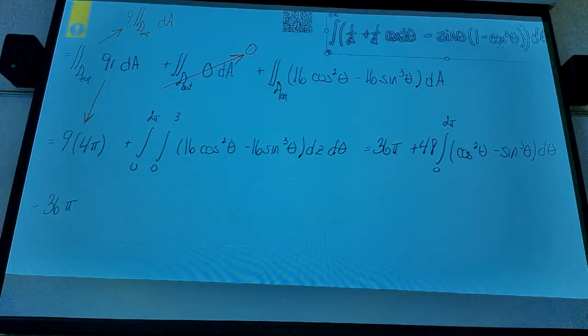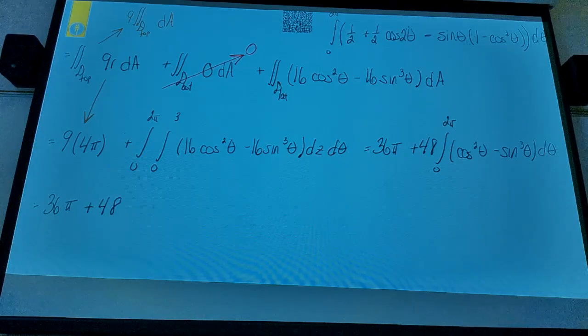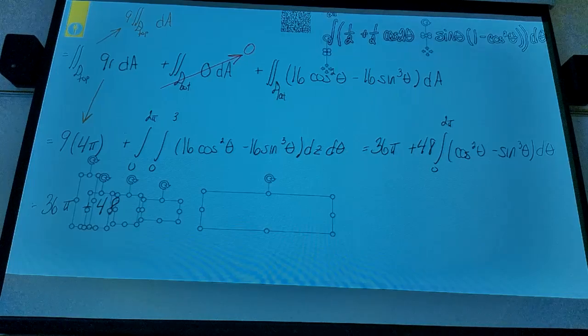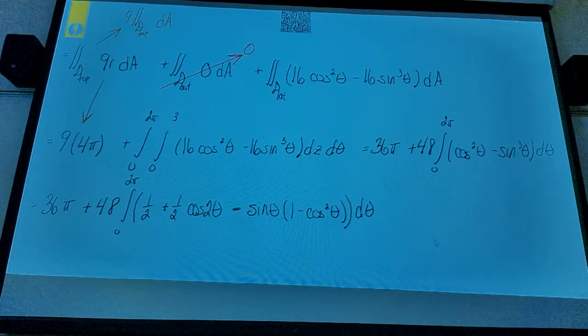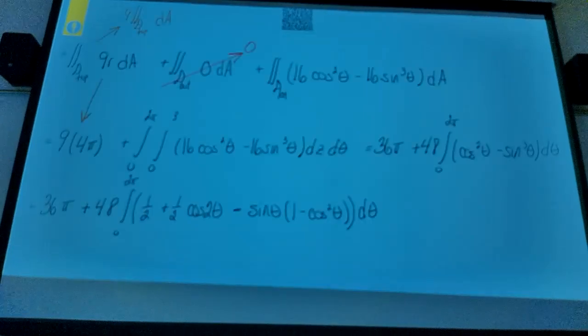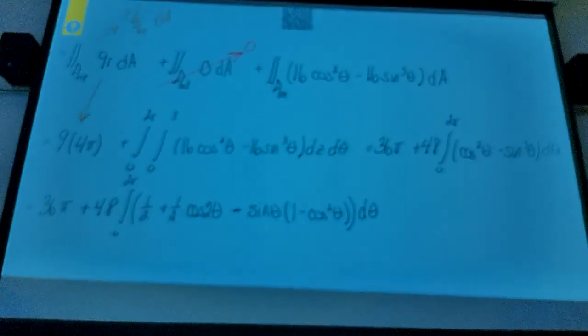You move up there now. Distribute that minus sign through.